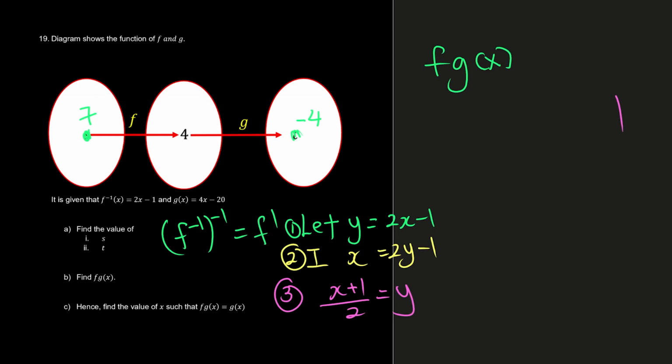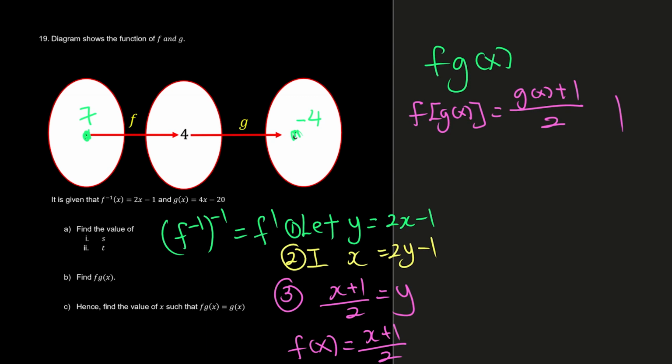Once we have the inverse function, it's easier for us now, because this is eventually our f(x). So we have our f(x) now. What should we do next? We just need to combine with g(x). So f combined with g(x) means we will have (g(x) plus 1) divided by 2, because now we go to the function f and all the x now becomes g.